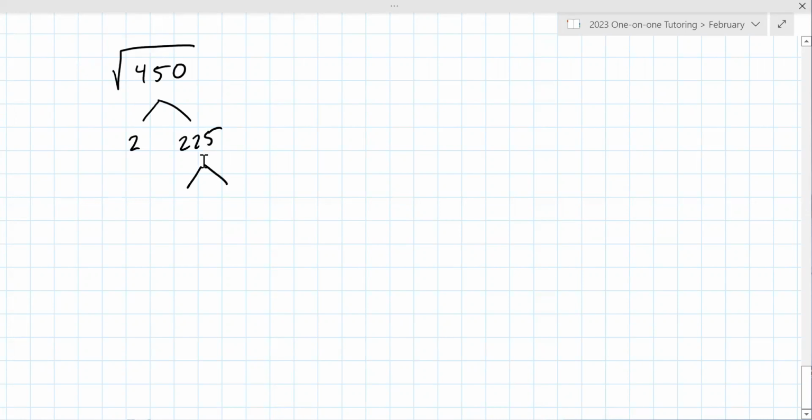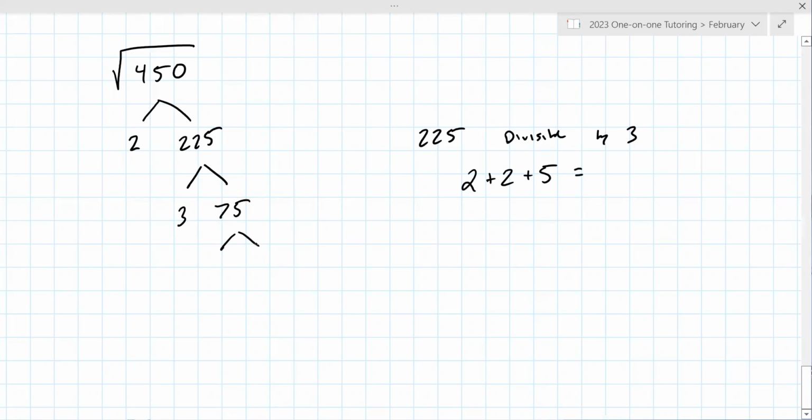Now, is this number, 225, divisible by 3? It's not kind of, it's either a yes or no. So you add up the digits. It is 75. Now you try 3 again.